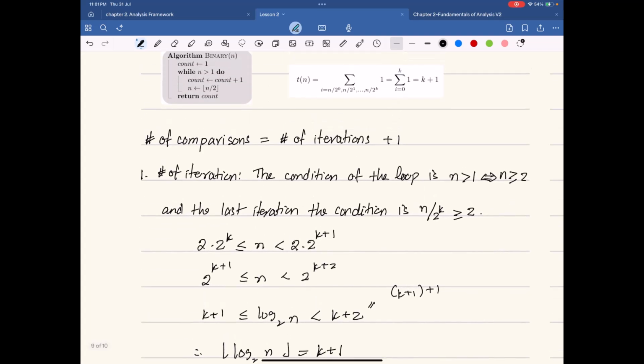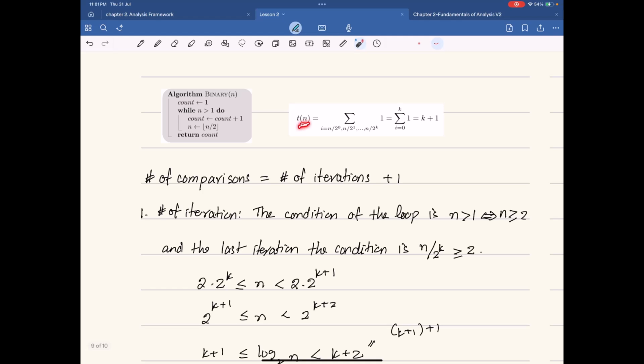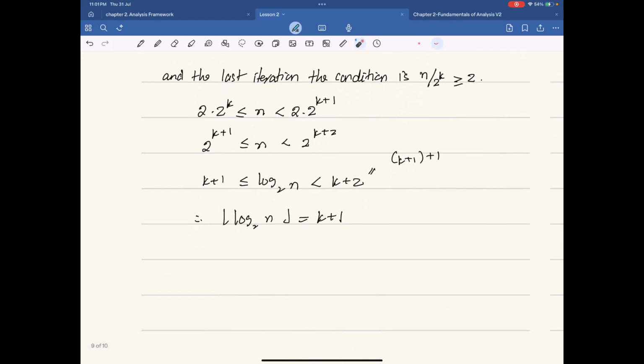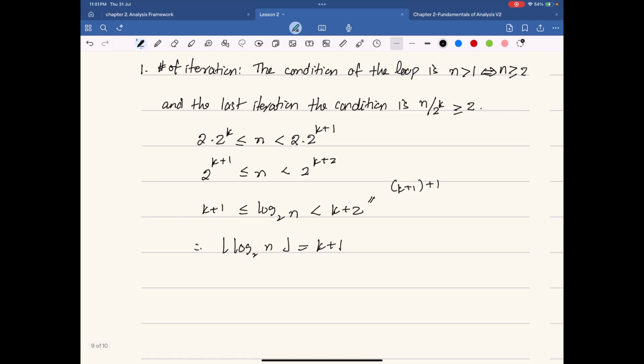From the above expression, T(n) is equal to k plus 1, which is equal to the floor of log base 2 of n.